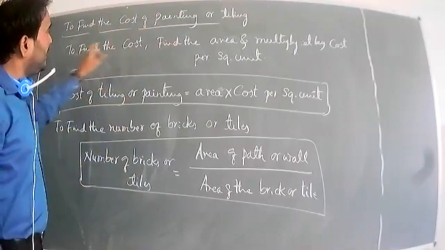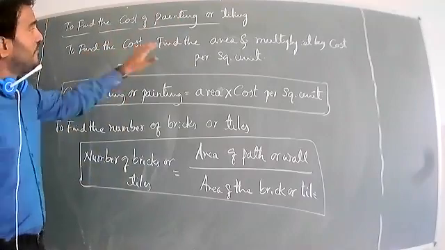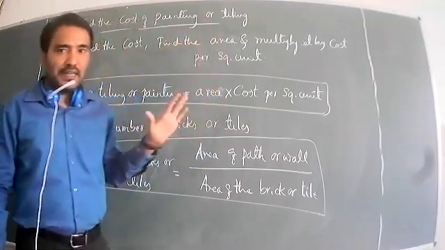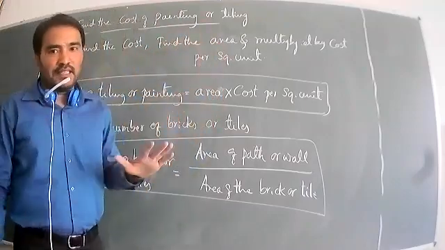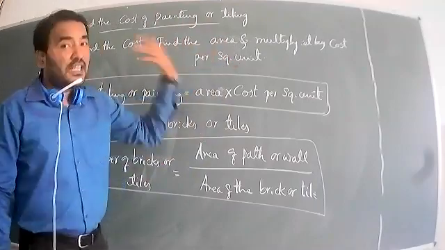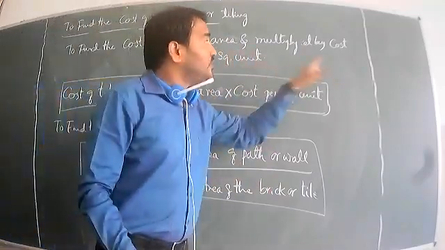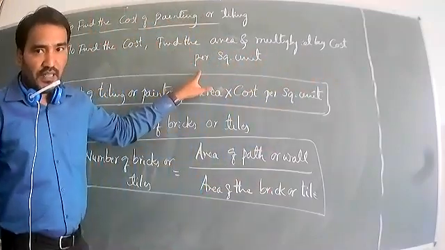So to find out the cost, what do we do first? Find the area of the tiling of the hall first. Next, multiply it by the cost per square unit.